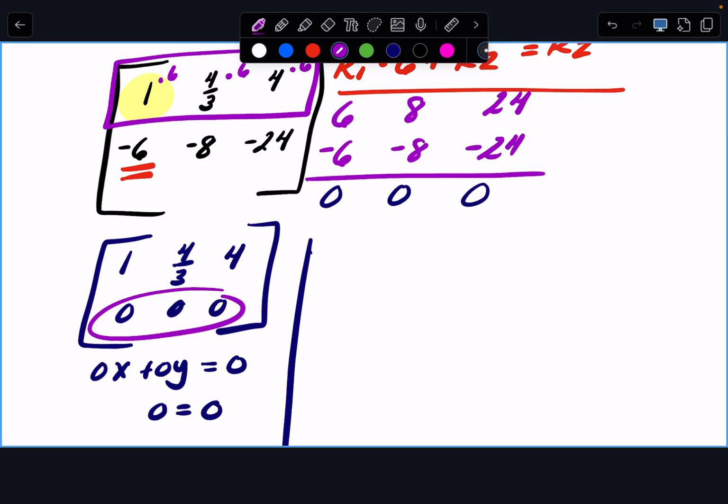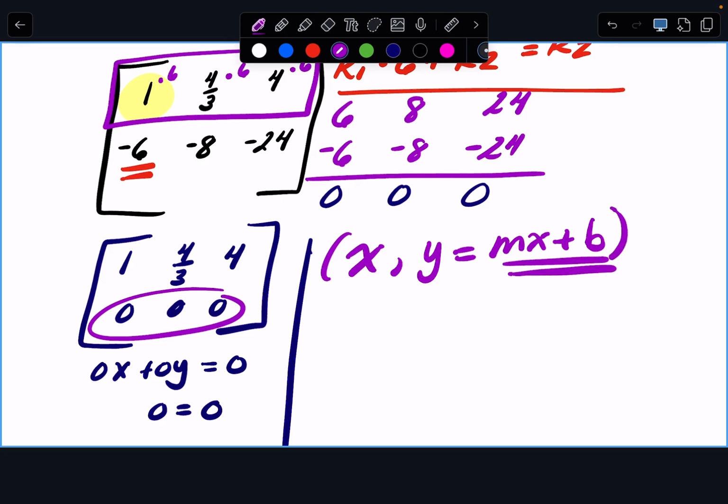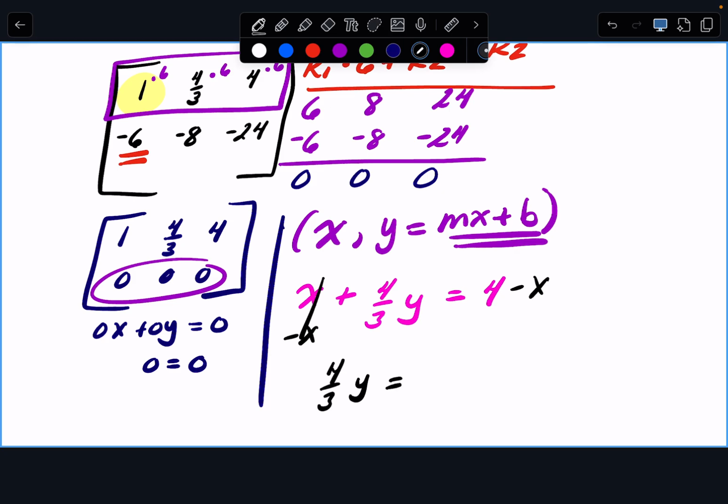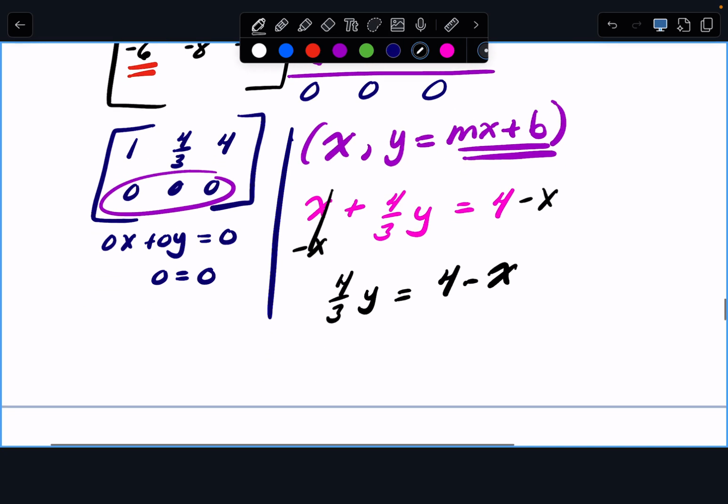Now, isn't this one just x, y? Yeah. Remember we wrote these ones as x can be anything, but y needs to equal mx plus b, an equation with x's. So let's see what the top statement is. Isn't the top statement x plus 4/3 y equals 4? Yeah. So now we can get y by itself. 4/3 y equals 4 minus x.